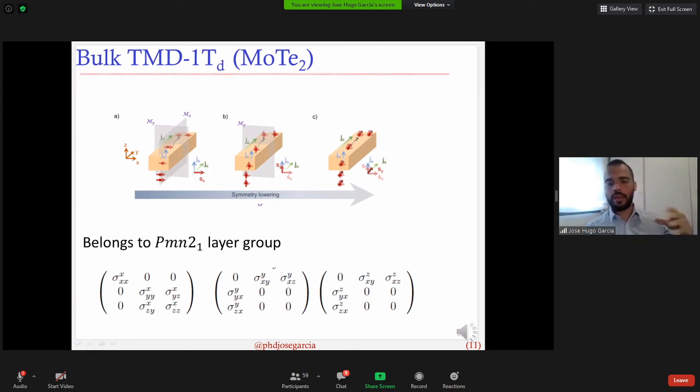Typically, in a two-dimensional material with high symmetry, you have two orthogonal mirror planes, and these force the charge current, the spin current, and the spin polarization of the spin current to be orthogonal to each other. But as you reduce these symmetry planes, you allow for different directions of the polarization, as you can see also in the spin conductivity elements that are allowed due to this particular layer group.